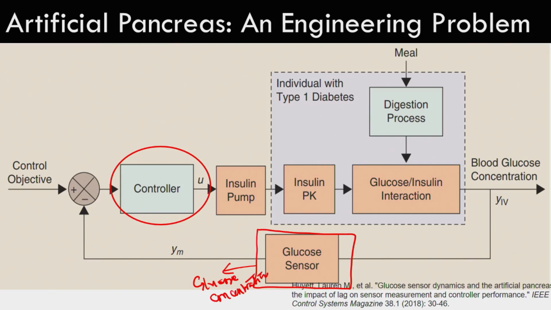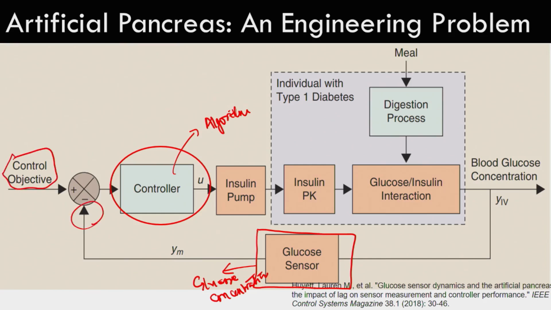Overall, I just wanted to give you a feel of how the entire system looks. This is a way to model the entire closed loop system, where you have the controller. You can say this is the algorithm, the AI model or algorithm, which acts as a controller and controls the insulin pump, and the algorithm depends on this signal here. This is the control objective.